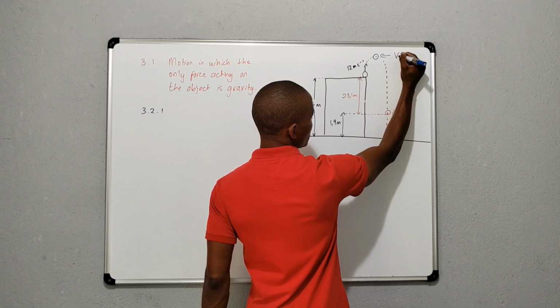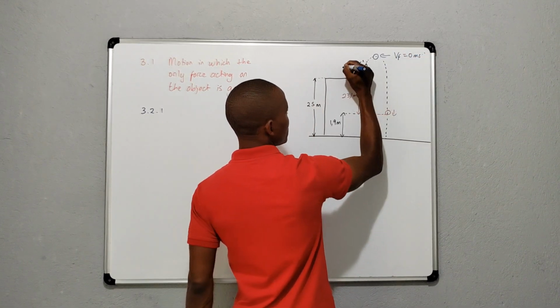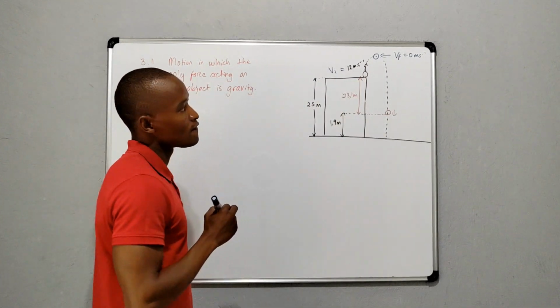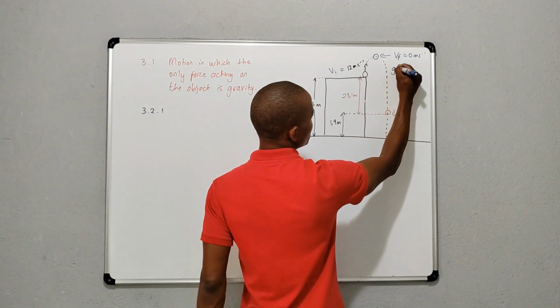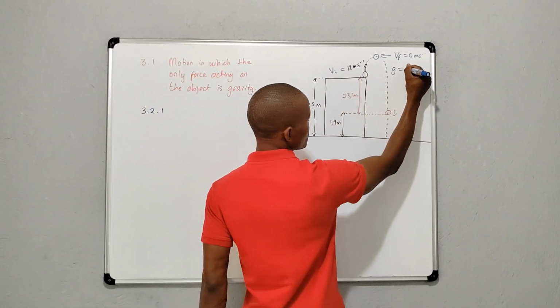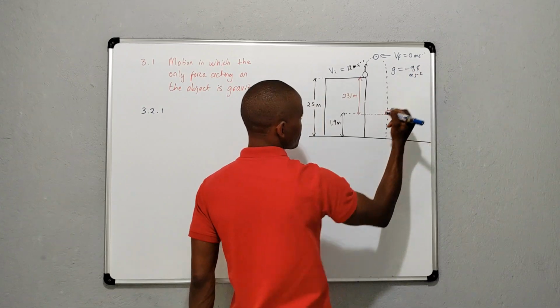That the velocity, Vf, will be 0 meters per second, and Vi is 12 meters per second. We know that gravity is 9.8 meters per second squared. We're going to choose up as positive, so it will be negative 9.8 meters per second squared.